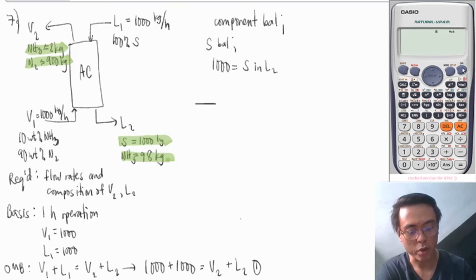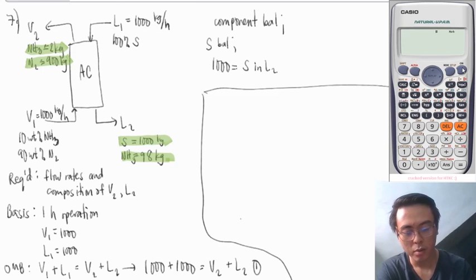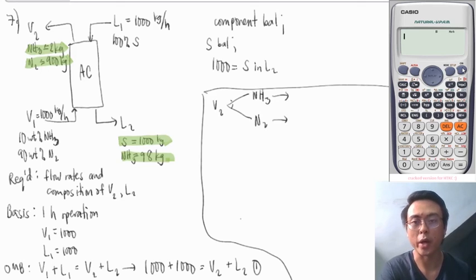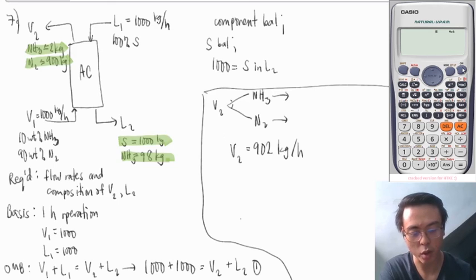For the compositions, let's start with V2. So in V2, you have two components, the ammonia and nitrogen. We can easily get its percentage by weight. The total weight of V2 is 902 kilograms per hour because our basis is 1 hour.